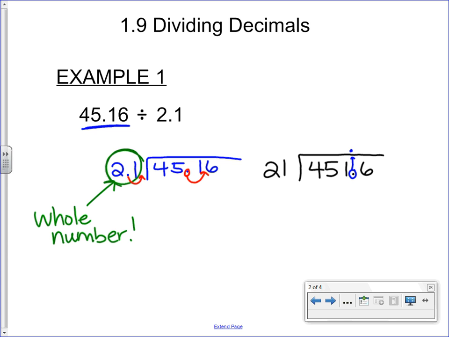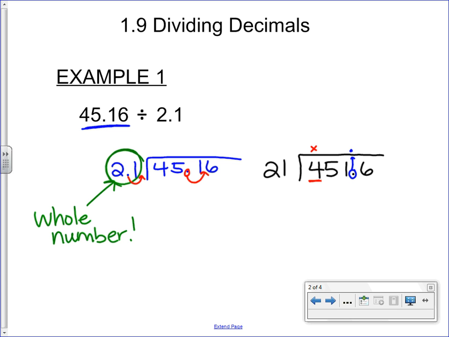Now when we're dividing, it's very important to make sure that we have the correct numbers written in the correct spot. And I'll talk about that as we go through this example. So we start out just like we would with dividing whole numbers by asking how many times does 21 go into 4? And it doesn't, so I put a little X above the 4.